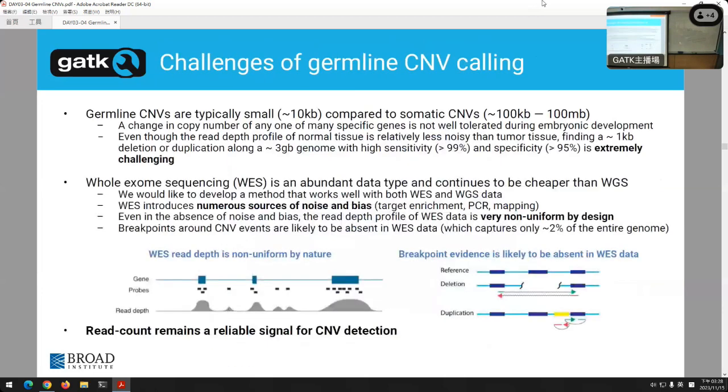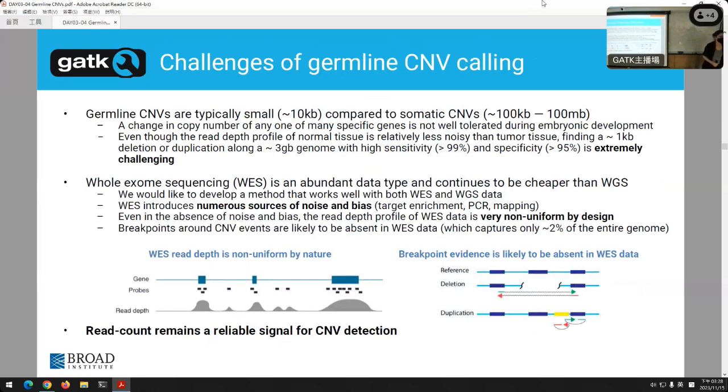Okay, so I've already talked a little bit about some of these things. Even though we expect to find integer copy ratios in germline CNV calling, which in theory makes it a little bit easier than somatic CNV calling, on the flip side, we are working with copy number variants that tend to be a lot smaller.